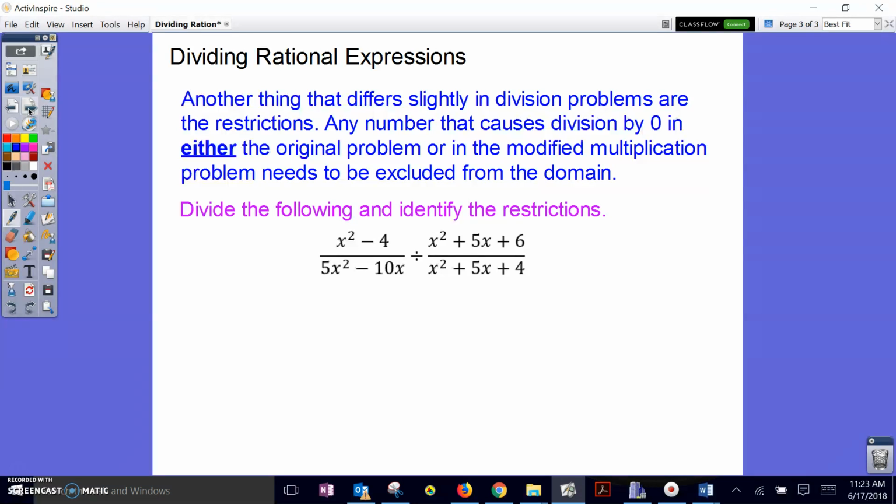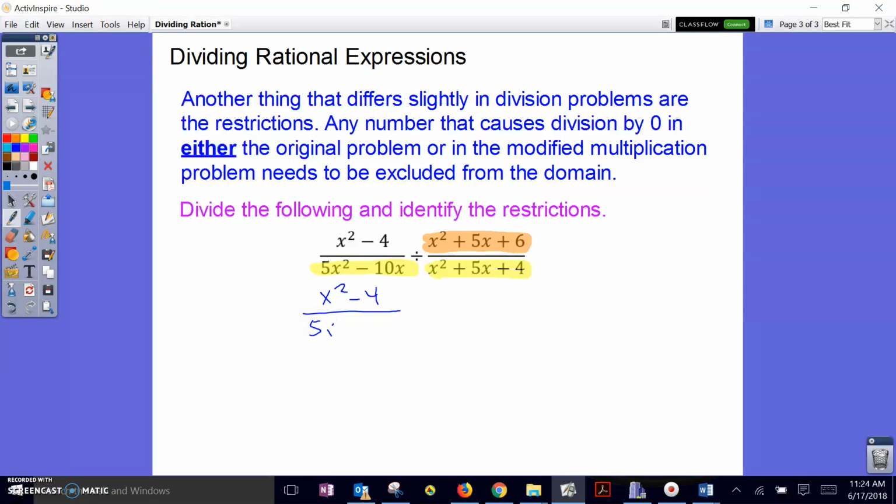So when we divide these two and identify the restrictions, any factor that appears in either of the original denominators is going to lead to a restriction, but also the factors from the numerator of the second fraction are going to lead to restrictions, because when we change this into a multiplication, they're going to be in the denominator.